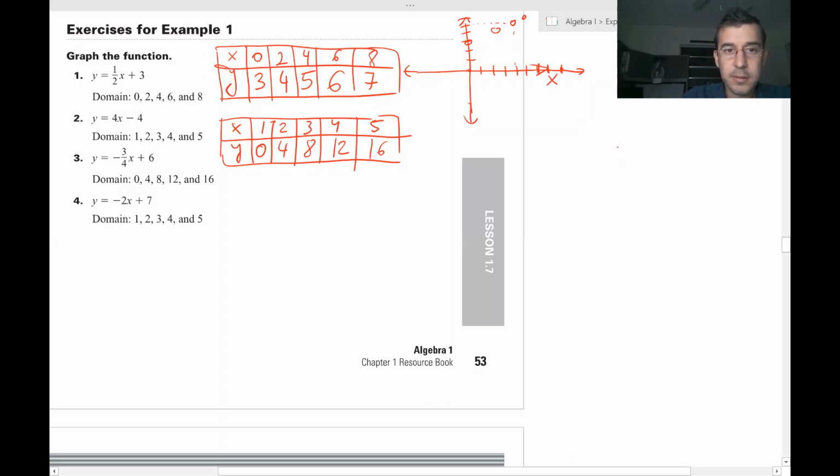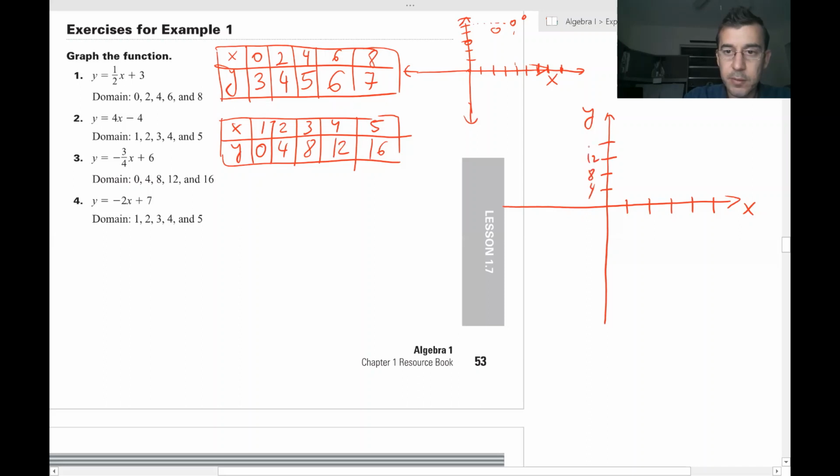Let's see if we can draw another graph. So for x, we need 5: 1, 2, 3, 4, 5. For y, we need 16, so we can do maybe 4, 8, 12, 16.